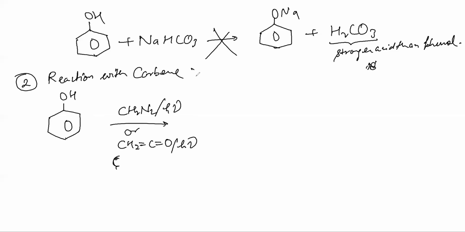Now what will happen if I treat it with carbene? Can you tell me what these two will give us? They will give us CH2, carbene. And carbene will go to an electron rich center or electron deficient center?